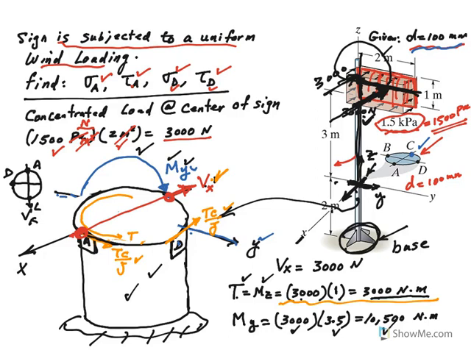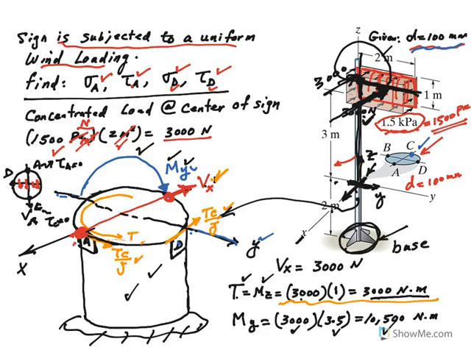Now look, due to this, tau at A would be 0, right? Tau at C would be 0, right? Remember this from a circular section. And tau at D would be maximum like this, right?